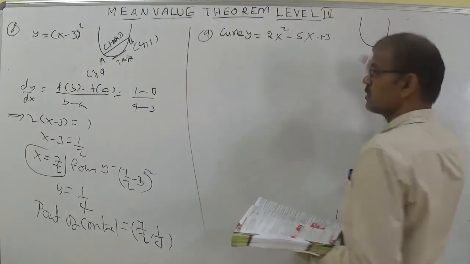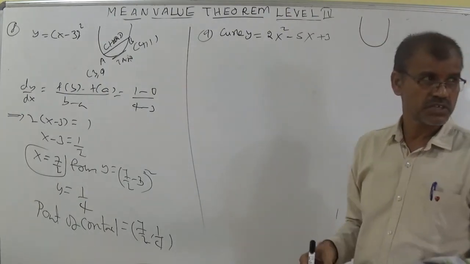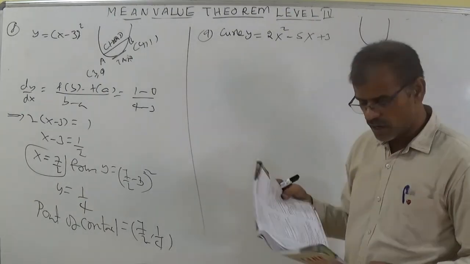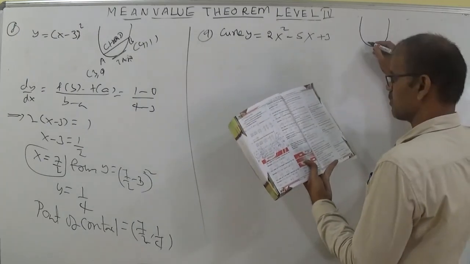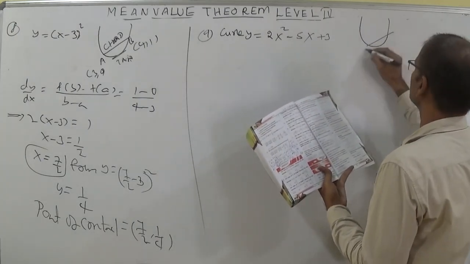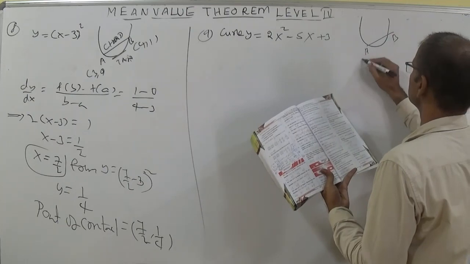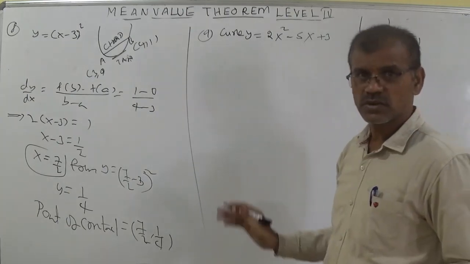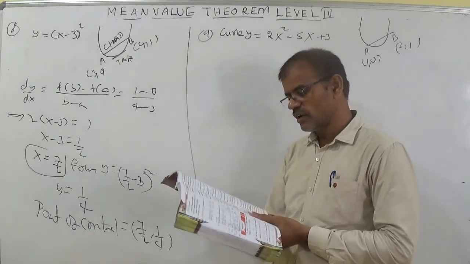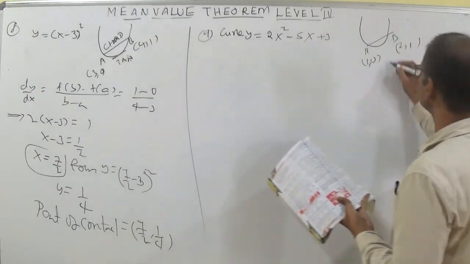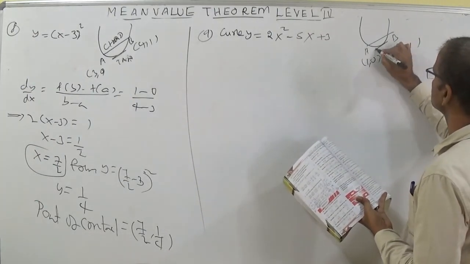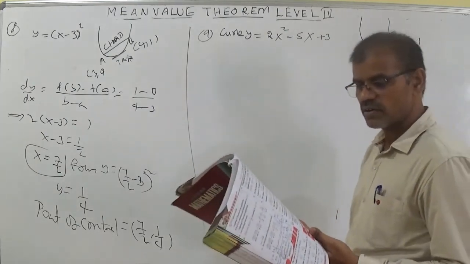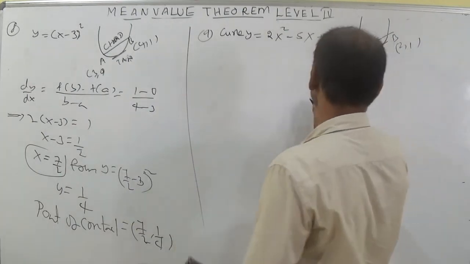In the same manner use the quadratic expression. This is a, this is b. 1 comma 0 and 2 comma 1. He is asking for the point where the tangent is parallel to the curve between a and b.